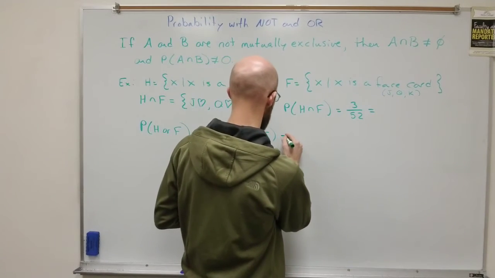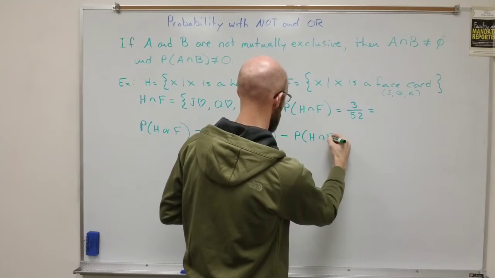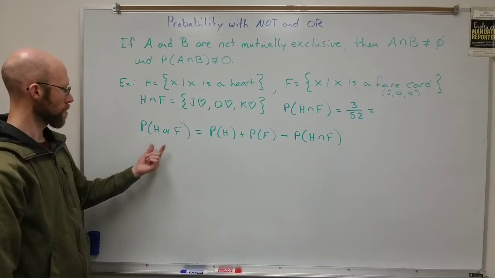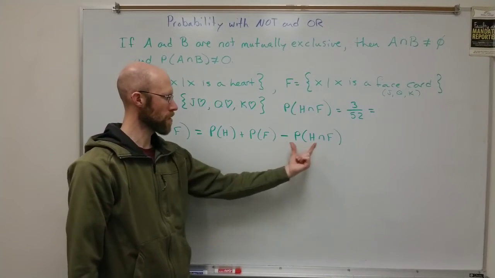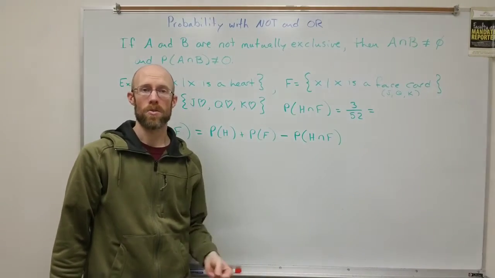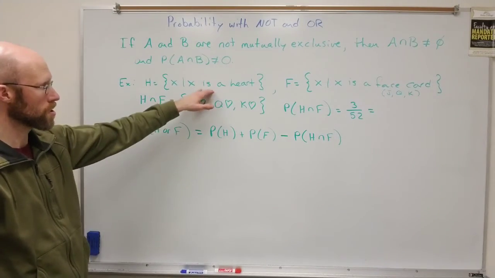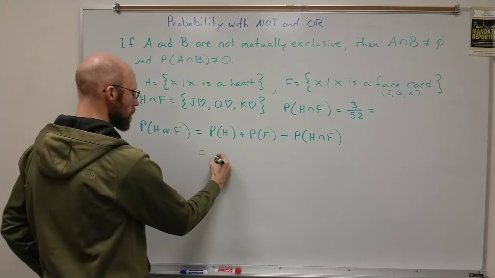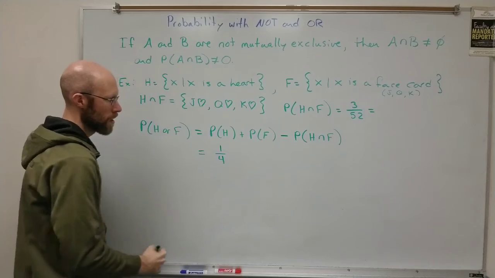So I'm going to remove a copy of the intersection, okay? So the probability of H or F is the probability of H plus the probability of F minus the probability of their intersection, okay? So in other words, the probability that I get a heart or a face card is going to be, well, the hearts are 1/4 of the deck.